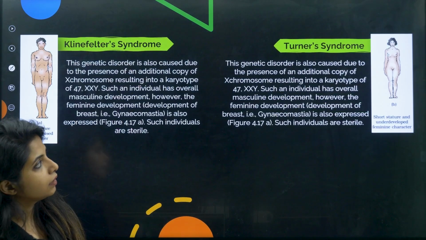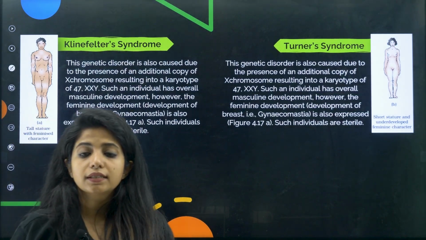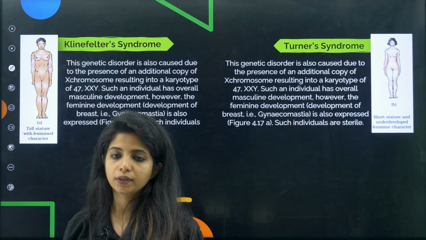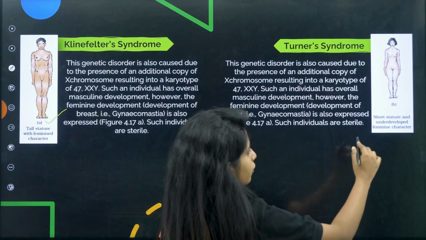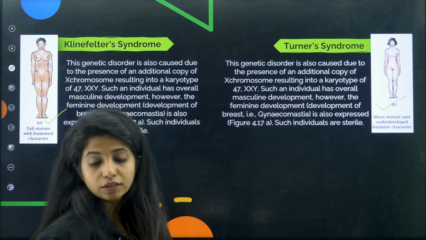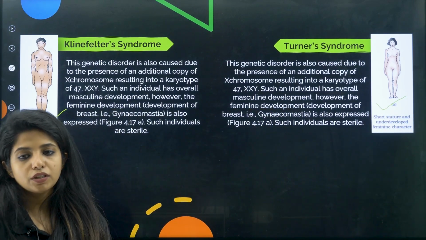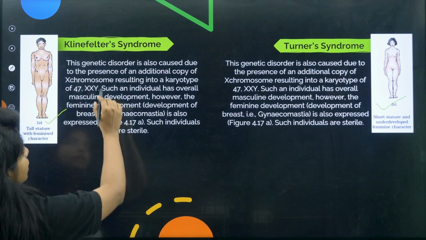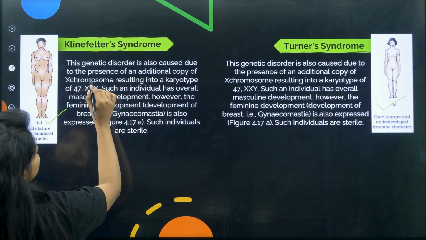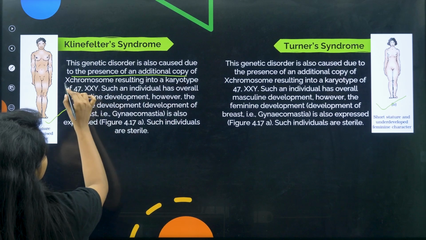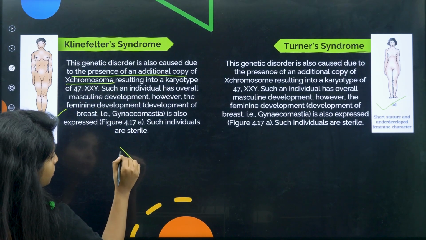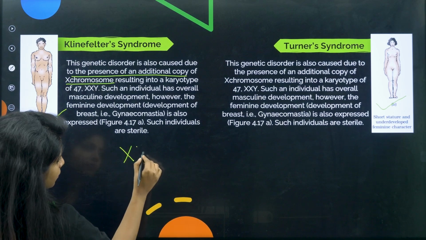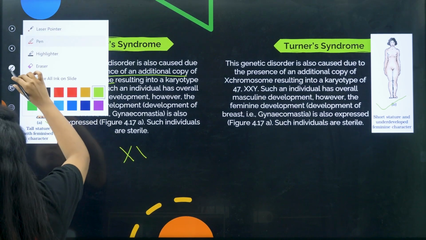Going ahead, you have two other diseases, Klinefelter syndrome and Turner syndrome. As you can see, this is a man and this is a female, but they have certain issues. Let's see what the issue is. The genetic disease is also caused due to the presence of an additional copy of the X chromosome. Why does this happen?